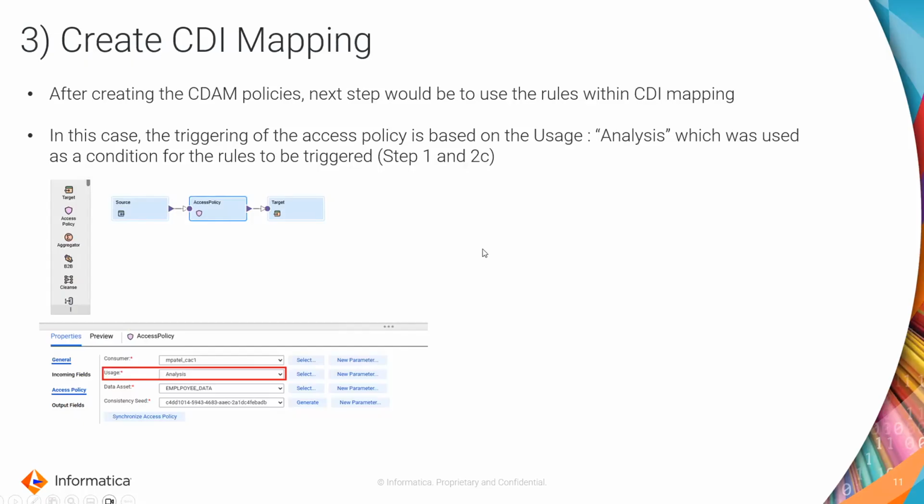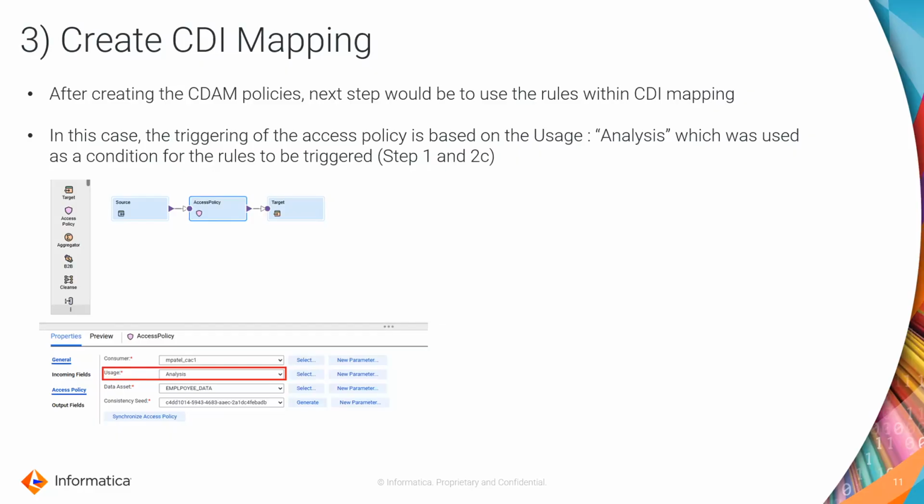Once all those things are done, creating the protection rule, creating the data rule, and creating the de-identification policy, we are good with the data access management part. Then what the user needs to do is use these CDAM policies in a CDI mapping to mask the data as well as write it to a specific target.